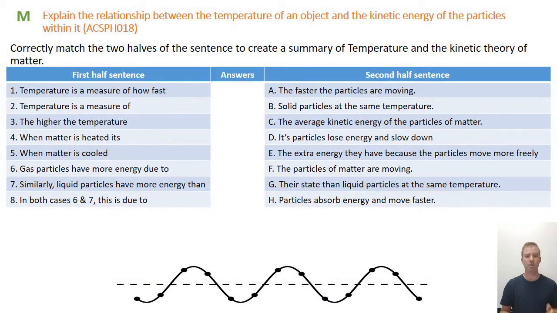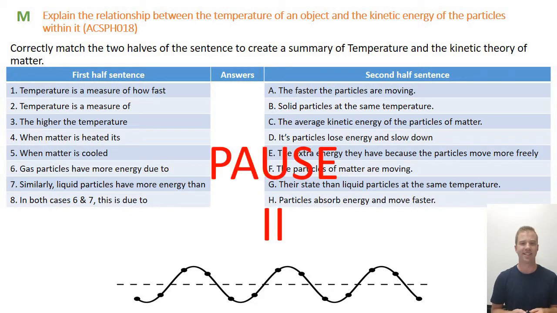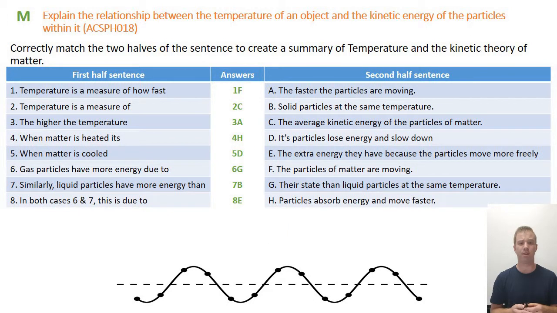Okay, so now you should see another first and second half sentence question where you need to correctly match those two together. But this is in terms of temperature and the kinetic theory of matter. So if you'd like the opportunity now to pause it. Okay, you should see the answers now appear in green. So temperature is a measure of how fast the particles are moving.